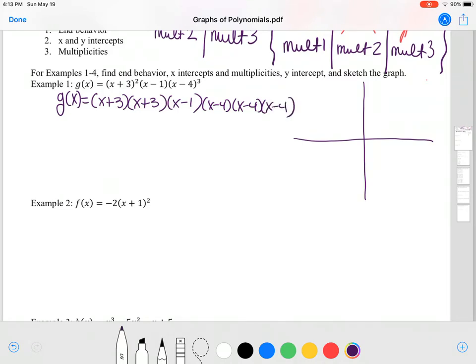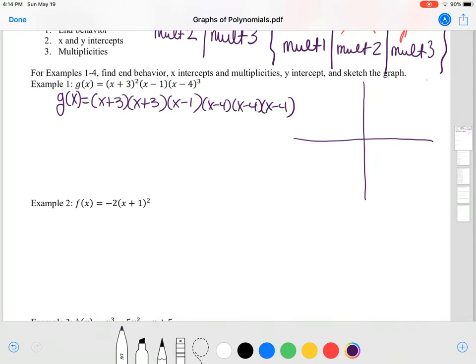Okay, so now when we go to find the end behavior, we need to know the leading coefficient, if it's positive or negative, and we need to know what the degree is. If I were to actually count all these x's, I'm not going to actually multiply that all out. That would be really long and tedious. So I'm just going to try to envision, if I were to multiply this all out, I would have x times x times x times x times x times x.